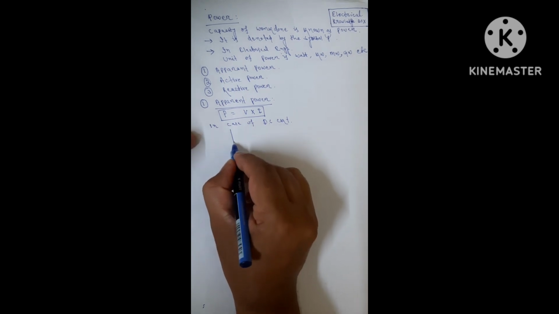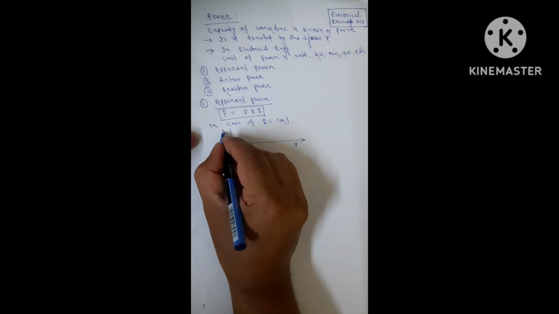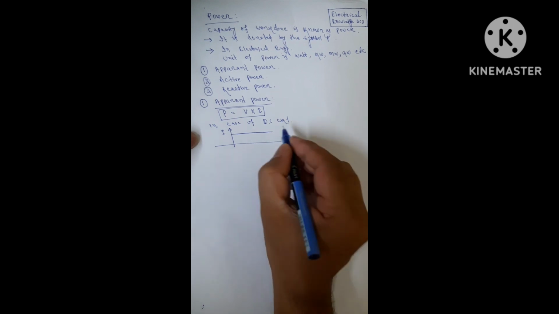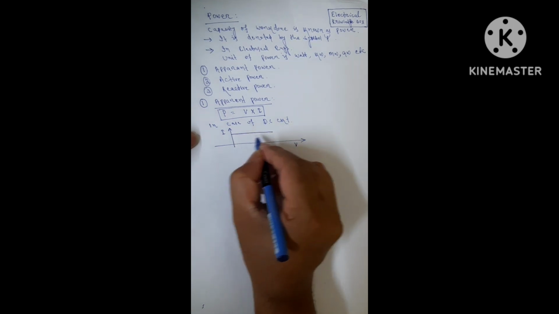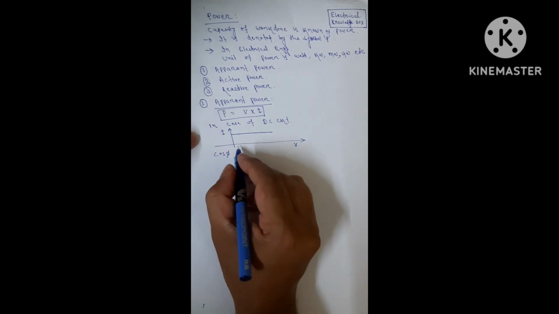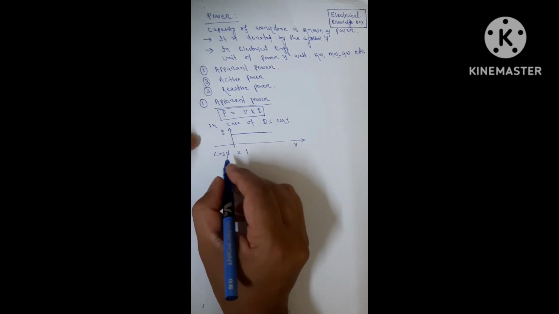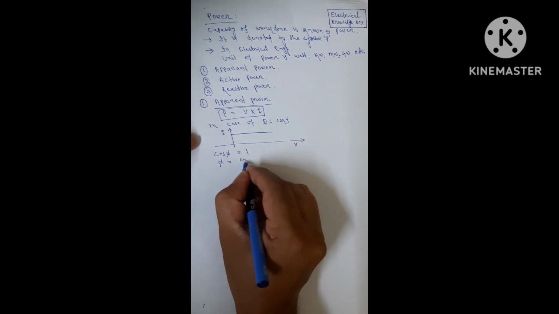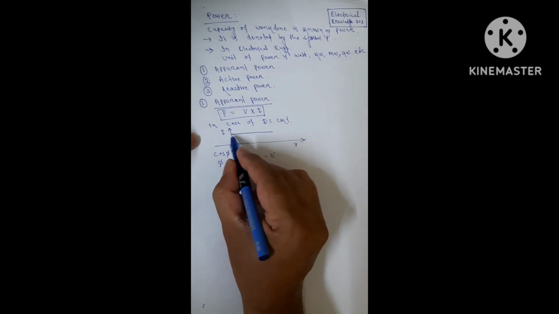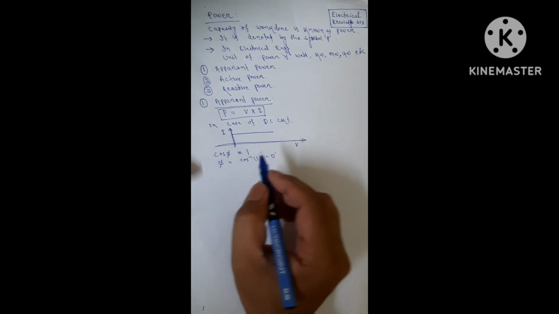If you see in a graph, suppose this is your voltage axis and this one is your current axis, then the graph becomes parallel. That means cos phi equal to 1 for resistive load, phi equal to cos inverse 1, that is equal to 0 degree. Here the angle between voltage and current becomes 0.